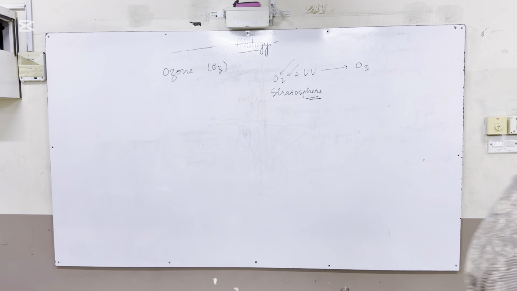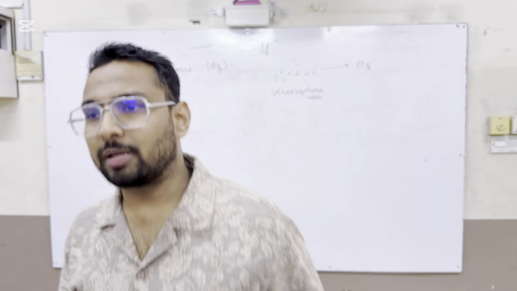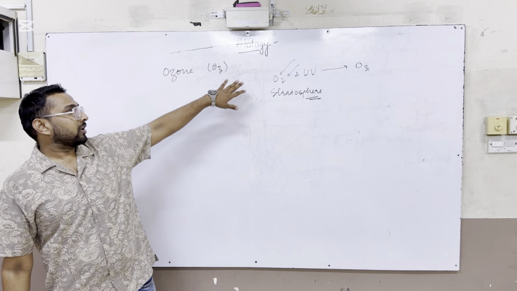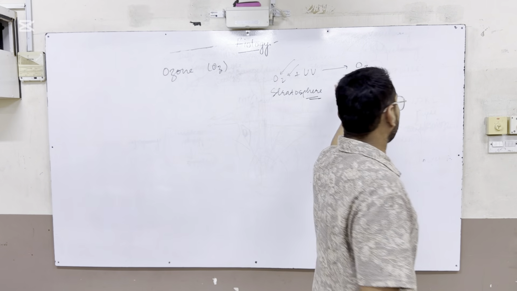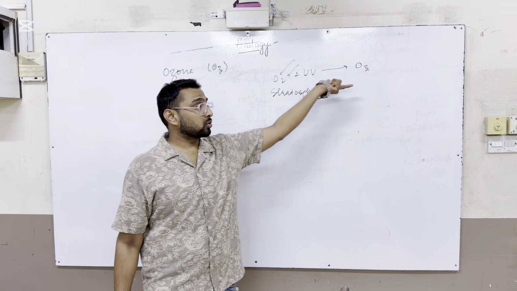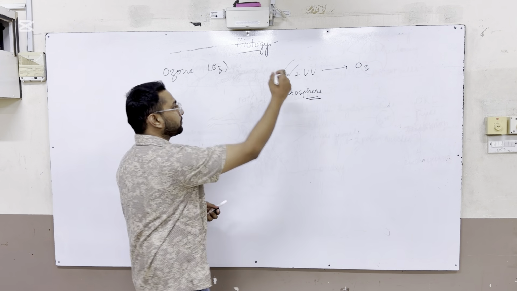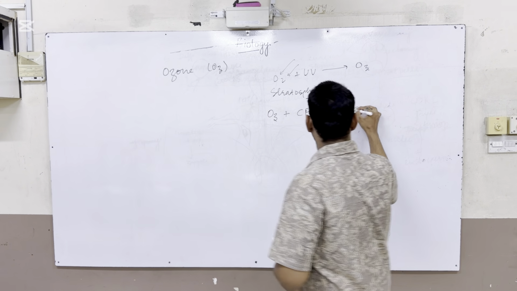The question is formation. What was the question? I didn't forget. Describe the formation and depletion of ozone. How is it formed? When oxygen comes in contact with UV rays, it forms ozone. This is how ozone formation takes place. Now, how does ozone get depleted? When ozone comes in contact with chlorofluorocarbons, it turns back into oxygen.